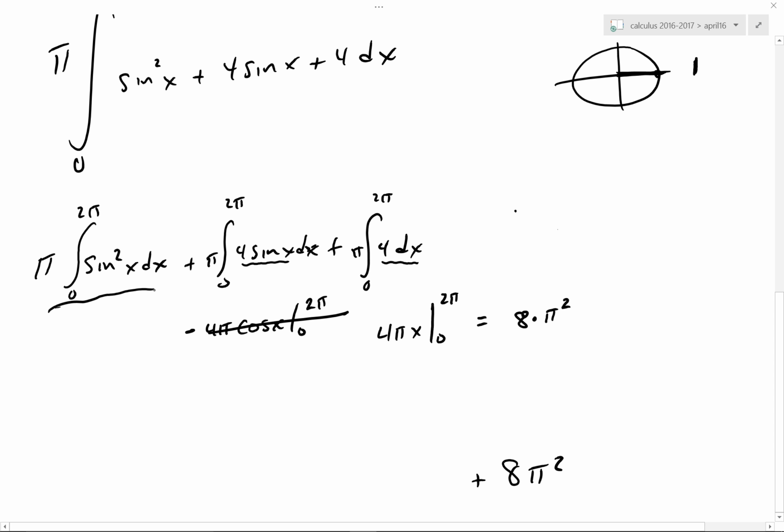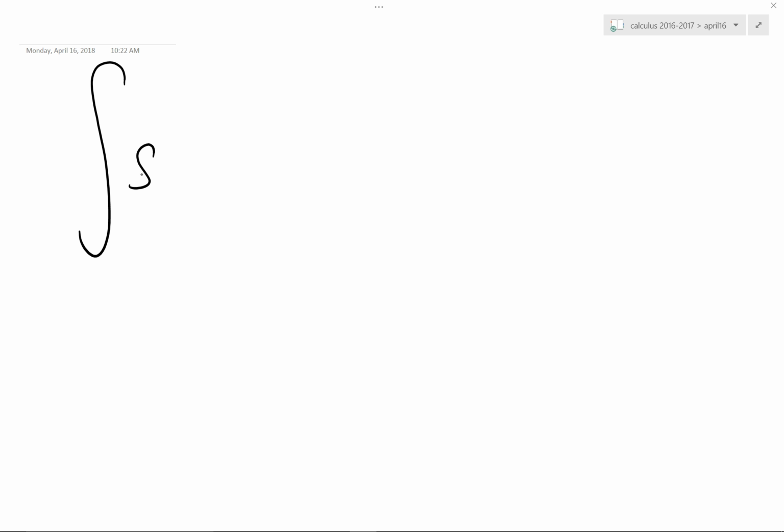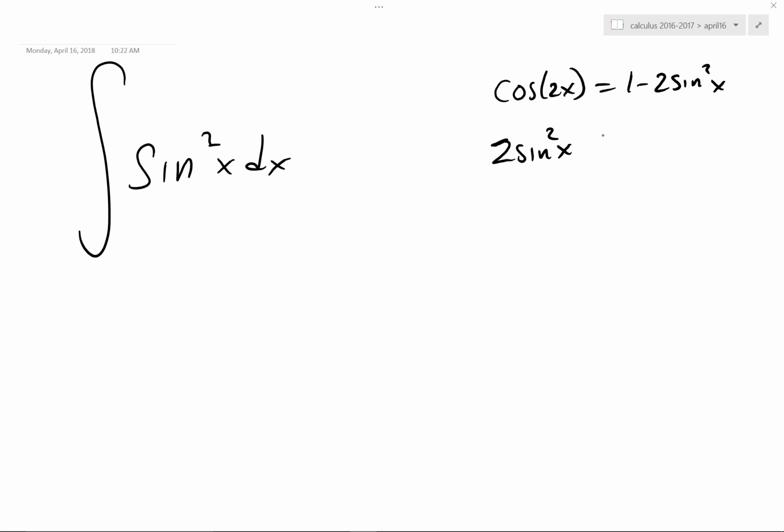All right. How do you integrate sine squared? I'm going to do it on this page here. Sine squared x. I can't do this one, but wait. Didn't we do one like this last week? I think we did. So I think the cosine of 2x is equal to 1 minus 2 sine squared x. Yes? So I feel like I divide by 2.